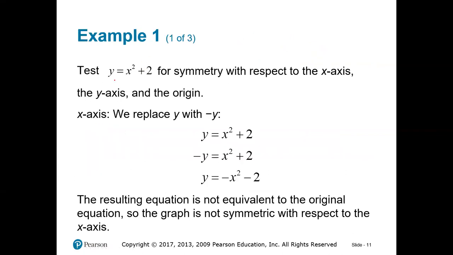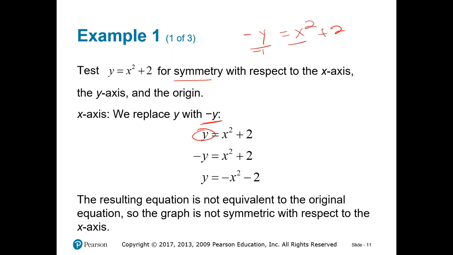So our example says we have y is equal to x squared plus 2, and we want to see where the symmetry with respect to x is. So when we do that, we're going to replace the y value here with the negative y. So now I got negative y is equal to x squared plus 2.